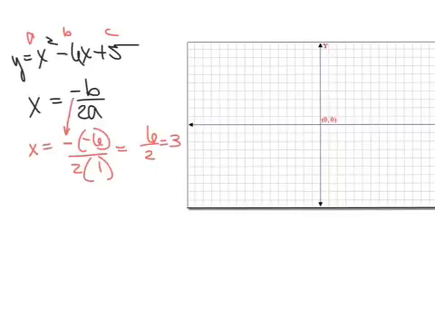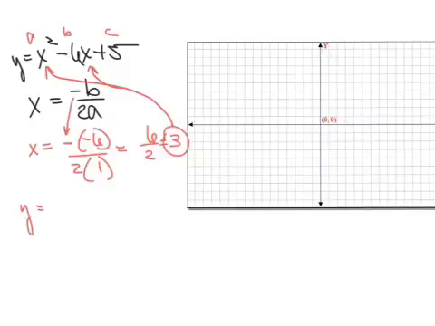Alright, how do I find the y part of the vertex? Well, I take the 3 and I plug it in for x there and for x there. So my y is going to equal 3 squared minus 6 times 3 plus 5.